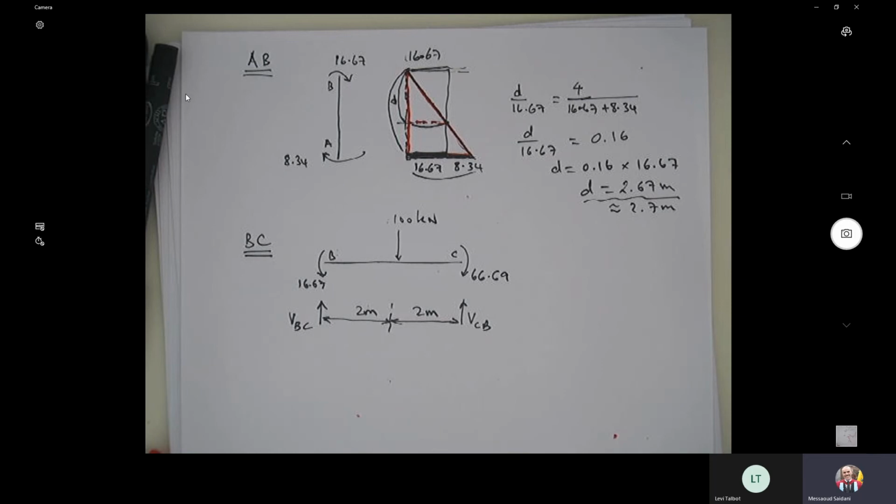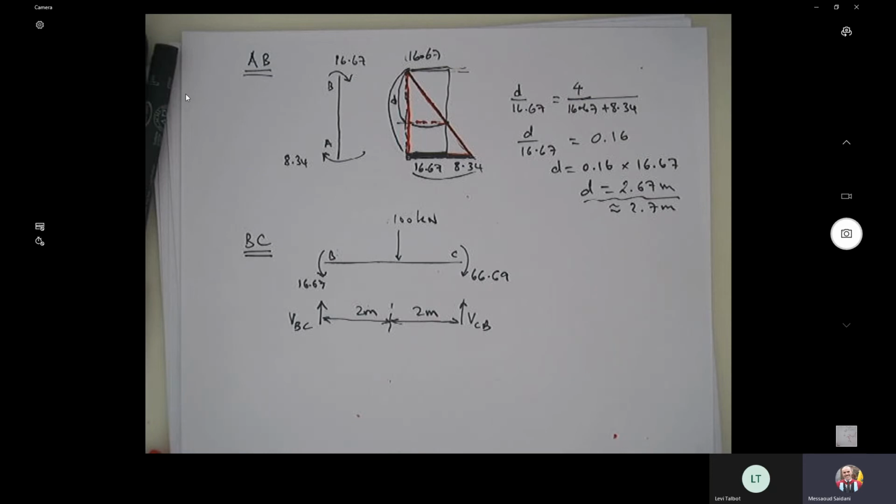So it's 66.69 minus 16.67, 250 divided by 4. That's the force here.